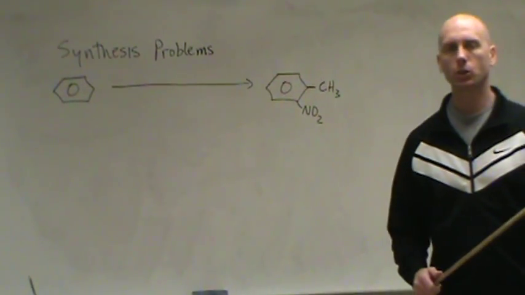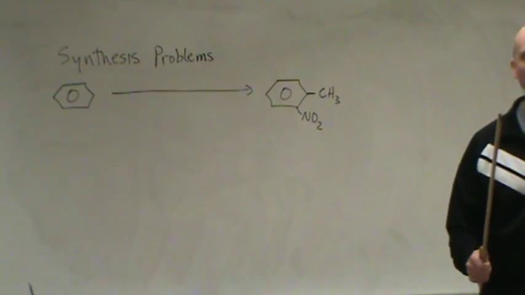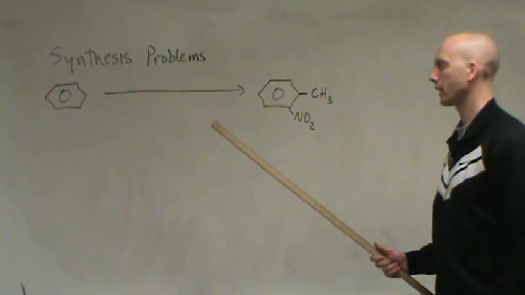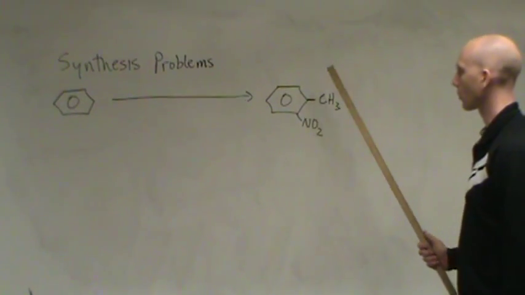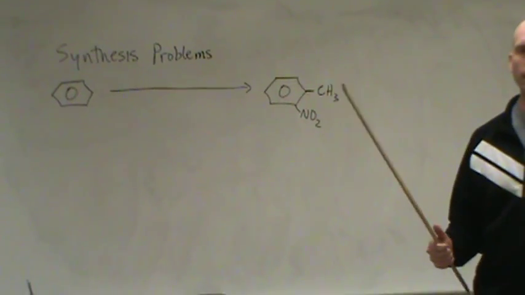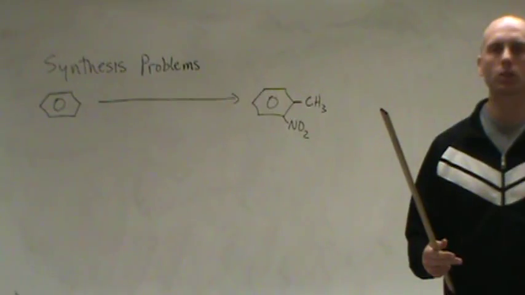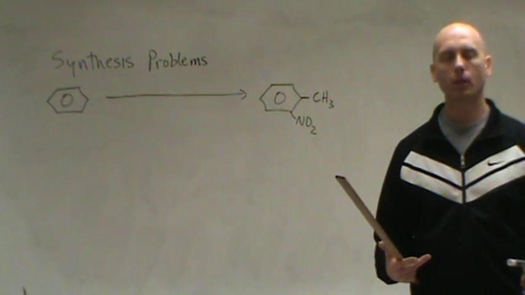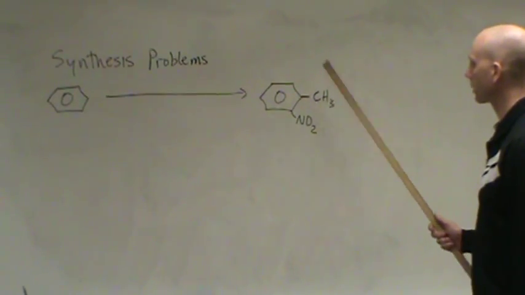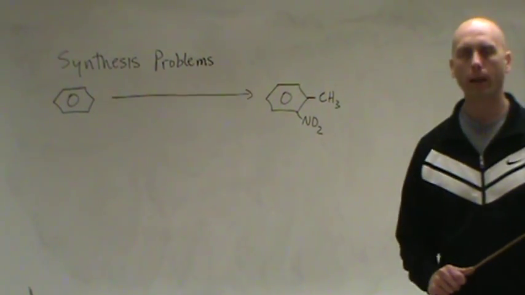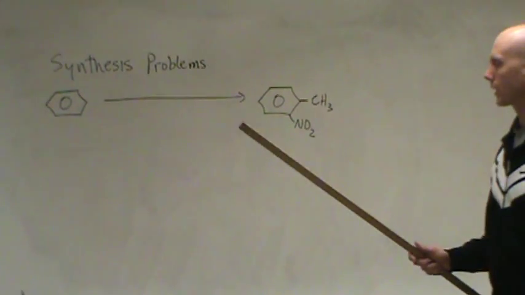Remember the two questions that we always ask. The first question is what? What is the relationship? The answer: they are ortho to each other. Okay? What was the second question? Which group should I put on first? Answer, since they are ortho, I want to put on the ortho-para director, which in this case is what?